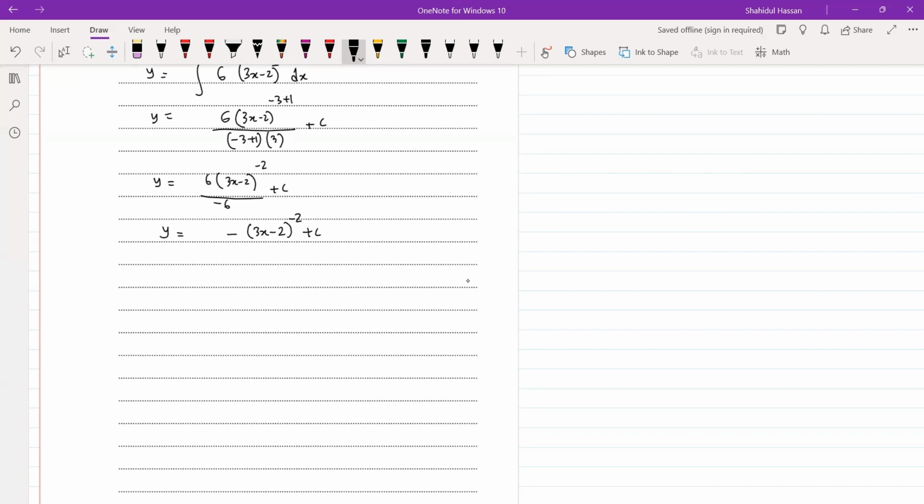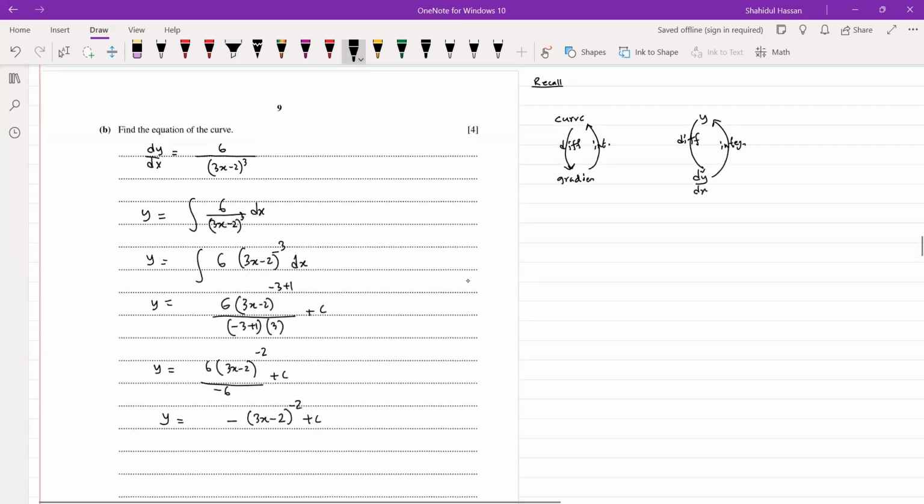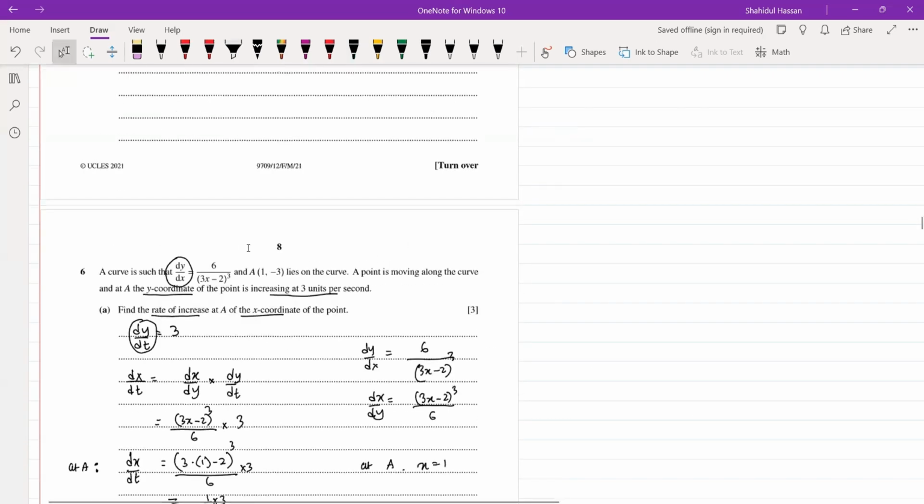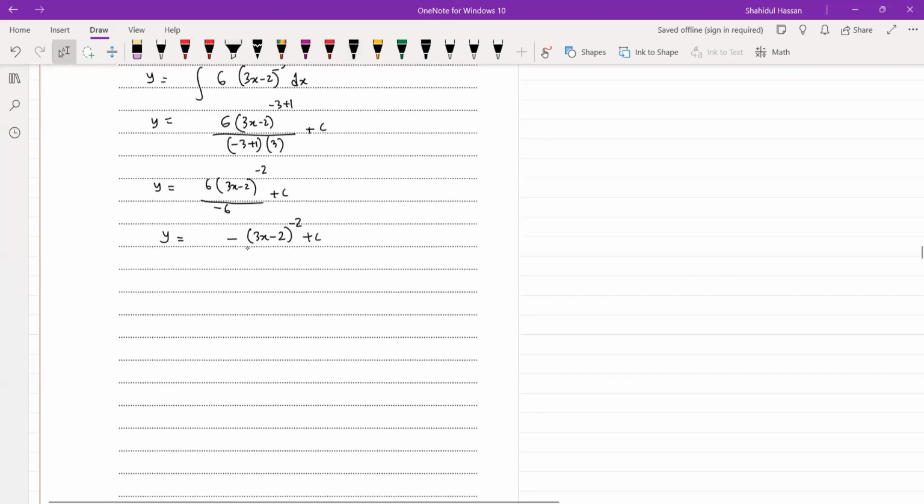Now to find the value of c. How can I find the value of c? Remember, there was a point given on the curve. There was a (1, minus 3). Therefore, we're going to use this point A to find c. So at A (1, minus 3), the equation will change. y will be replaced by minus 3 and x will be replaced by 1. So you have 3 ones are 3 plus 2 is 5.